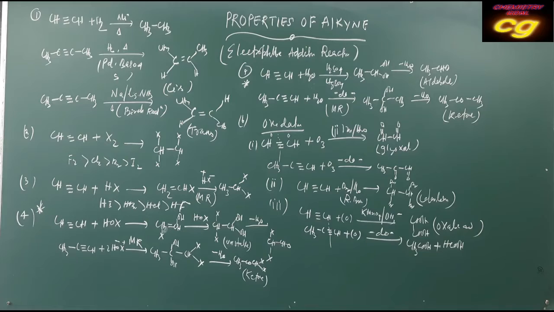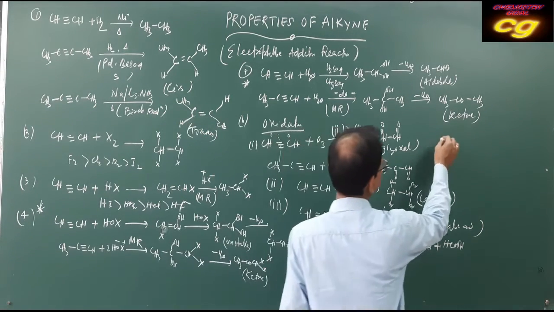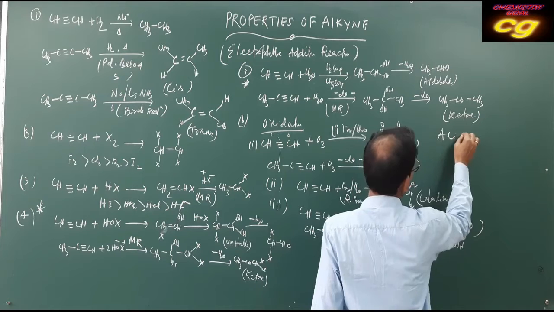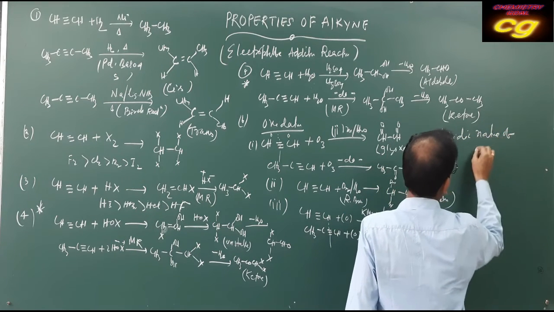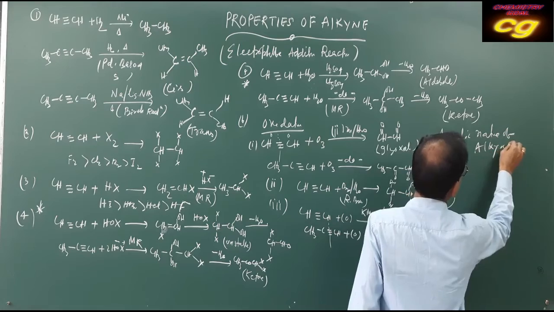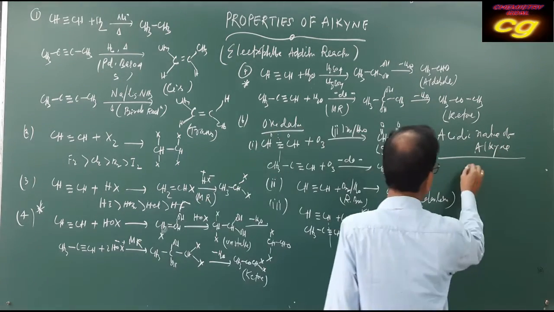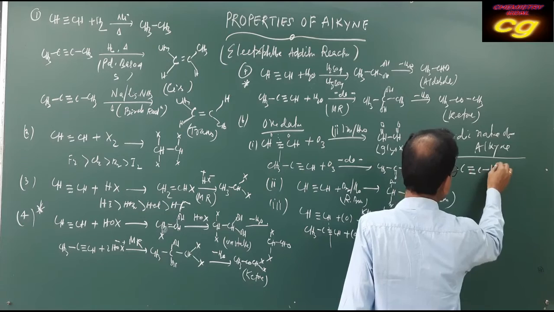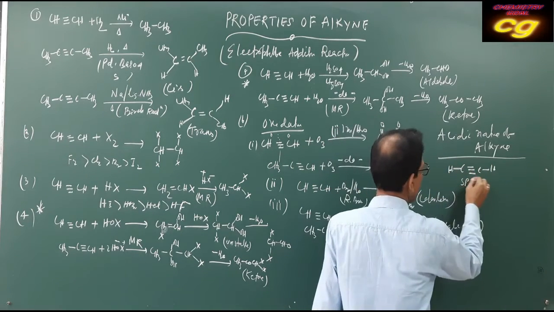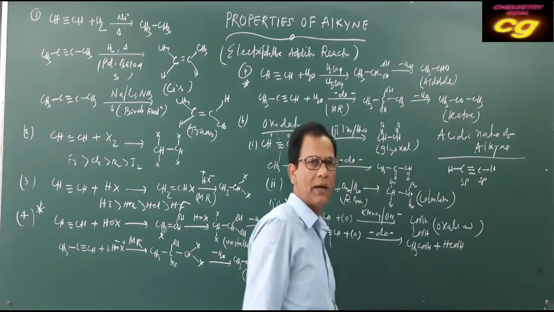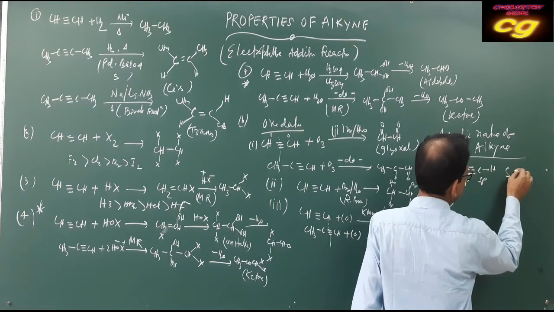So what are the acidic properties of alkyne? Let us discuss the acidic nature of alkyne. You know, acetylene contains carbon which has sp hybridization. With sp hybridization, the S character is 50%.